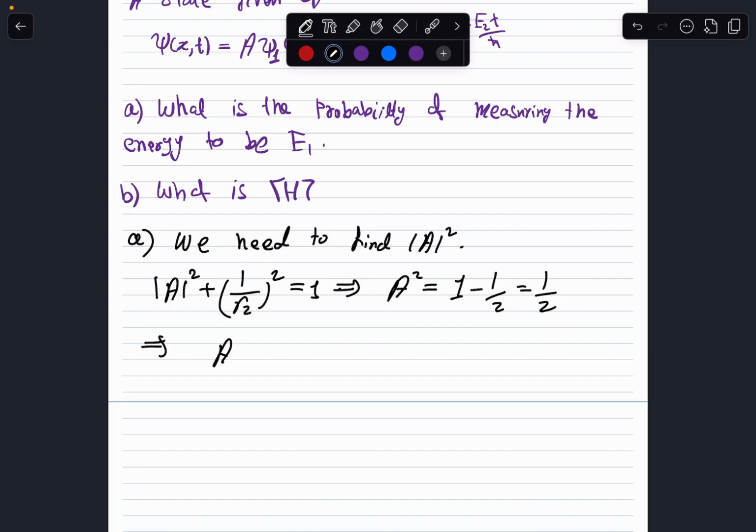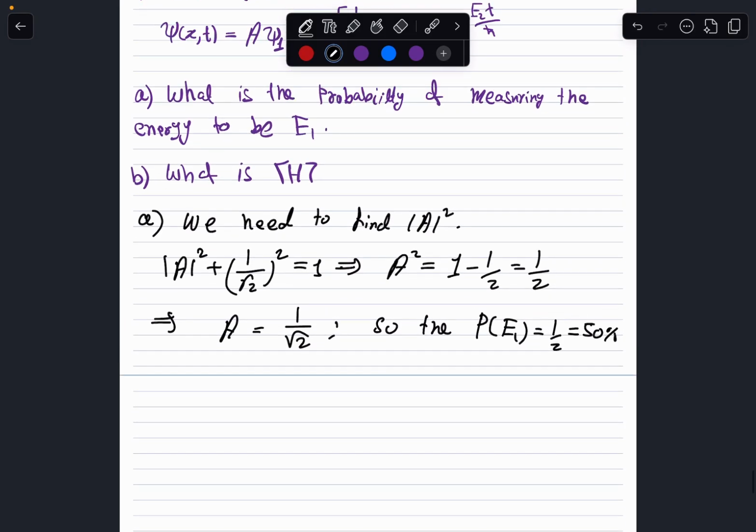That implies that A is equal to 1 over the square root of 2. So what's the probability of getting E1? Let me call it P of E1. It is A squared, which is a half, or 50%. So there is a 50% chance to find it either in the energy E1 or E2.